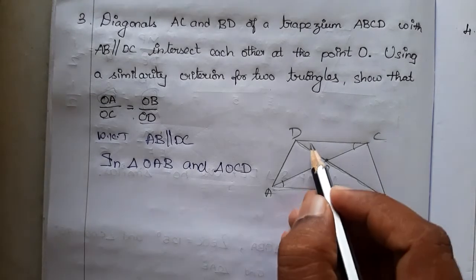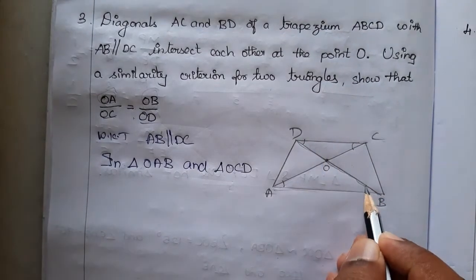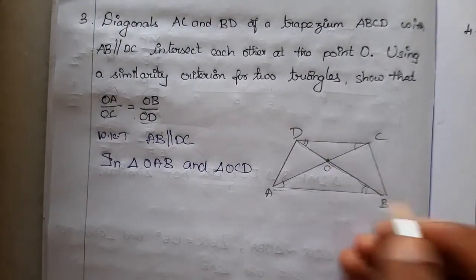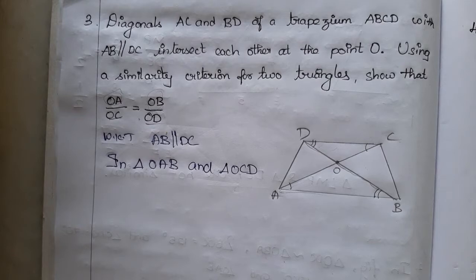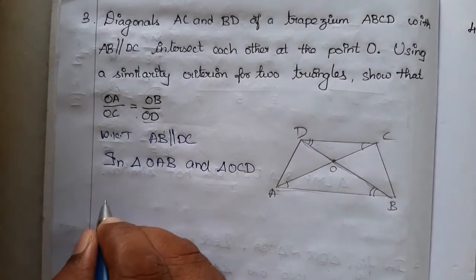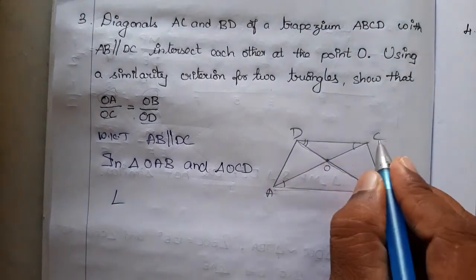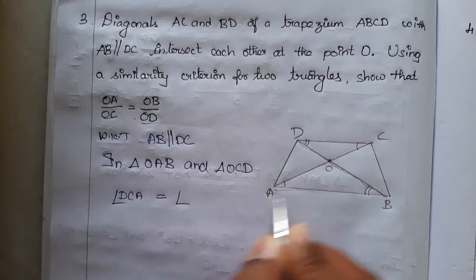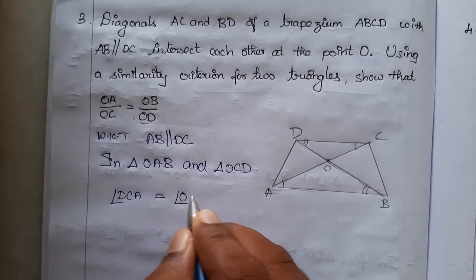In the same way, this angle and this angle will also be equal. I will mark these two with a 2 to differentiate. This is enough: by the AA criterion, both triangles are similar. Therefore angle DCA is equal to angle OAB.